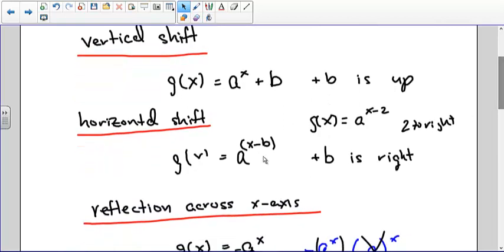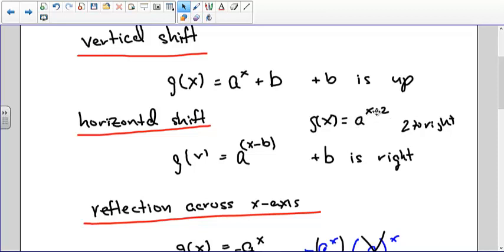Now, to have a horizontal shift, the constant is added or subtracted in the exponent. So if you have, for example, a to the x minus 2, that is x minus h, kind of like the way we did it in chapter 1, where h would be 2. So x minus 2 would shift this parent function to the right.